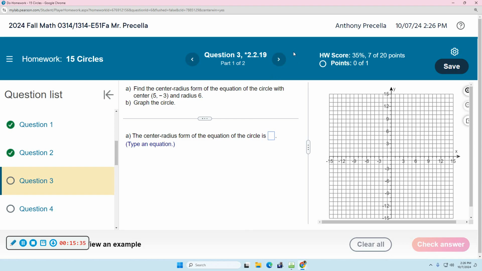A similar type. They give us the center is at the point 5, -3, and the radius is 6. So let me write this down.